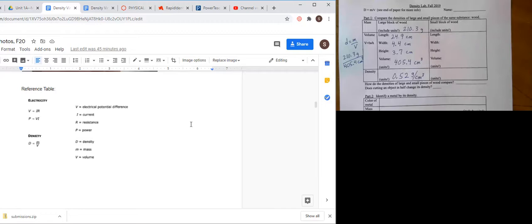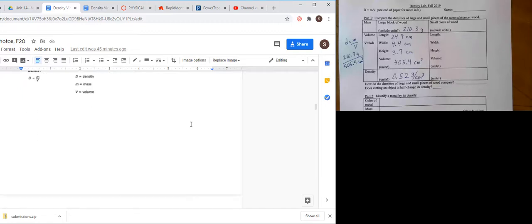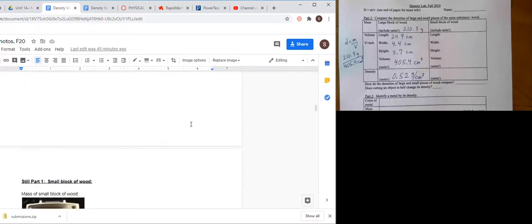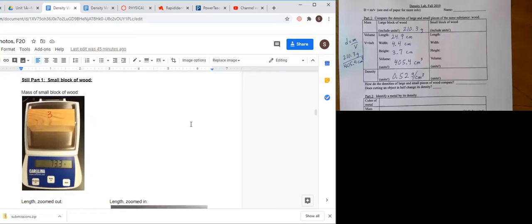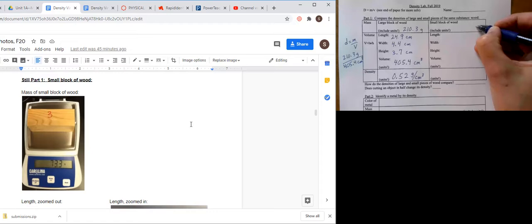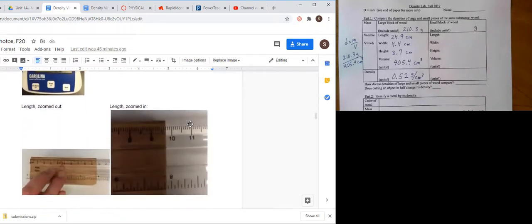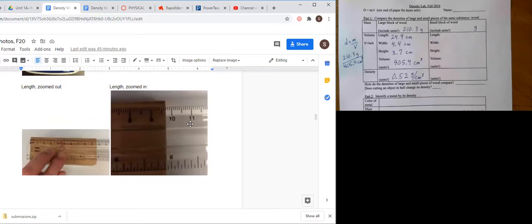All right, now it's time to find the density of the small block of wood. So here it is. Go ahead and record your mass in the table. Don't forget to put the unit of grams. Now you need to find the volume. First, measure the length. Look at the picture that's zoomed in.